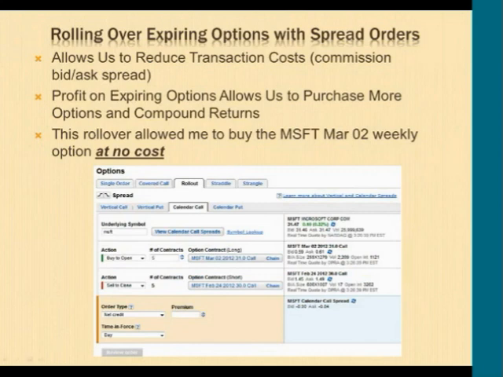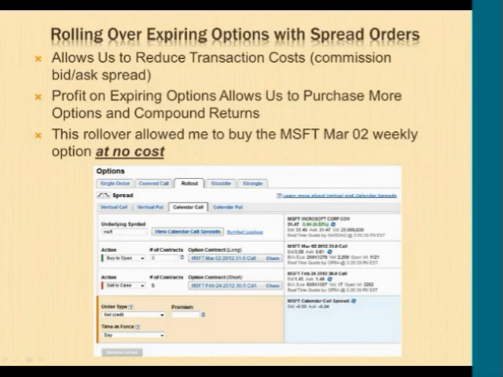So here's an example. This was for Microsoft, and I closed out the February 24th calls and sold to close the February 24th and then bought to open the March 2nd.